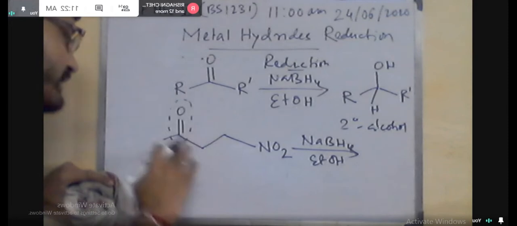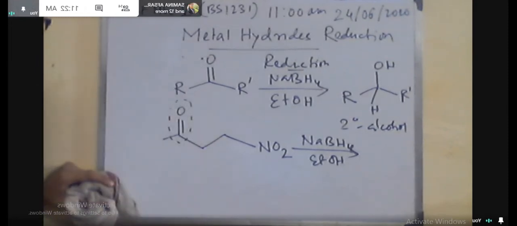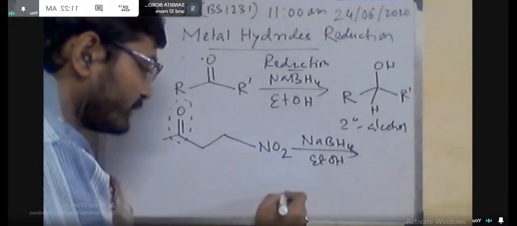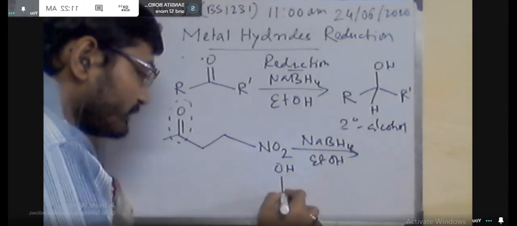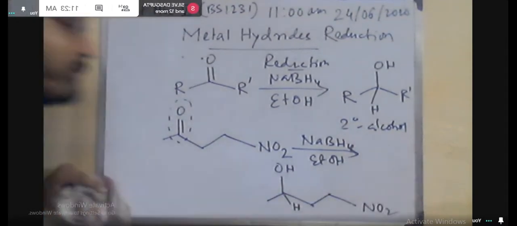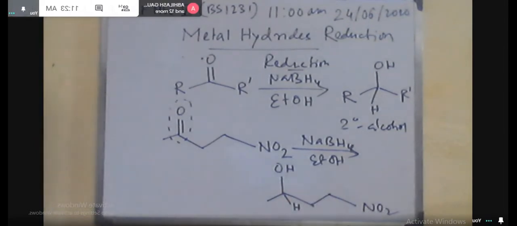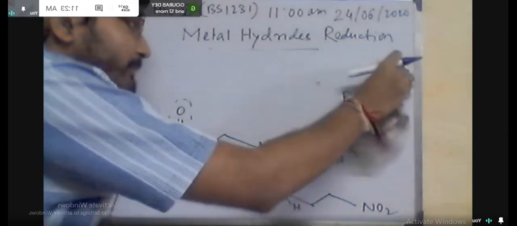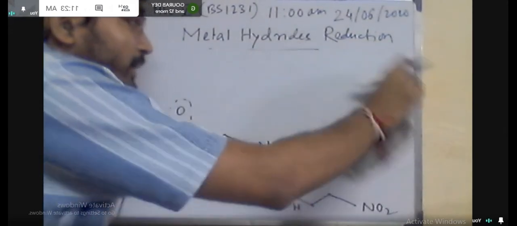Now if you use lithium aluminum hydride here, the mechanism is the same, that is the hydride transfer. Instead of the hydride transfer from the boron, here it will be transferred from the aluminum center. Now in this case, if you use lithium aluminum hydride or LAH, and finally the acidic workup, this group will be reduced, and simultaneously the nitro will be reduced, because lithium aluminum hydride is a strong reducing agent.